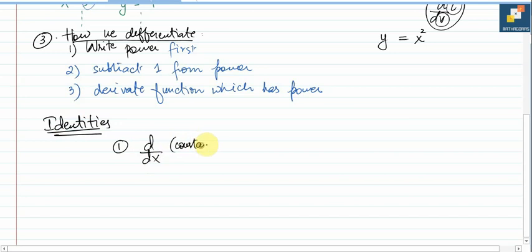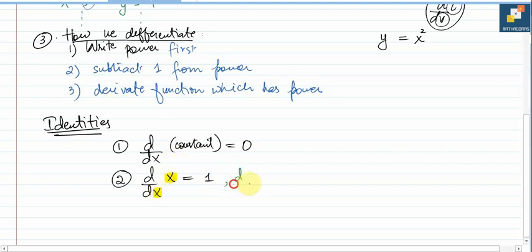Constant means any number, so the differentiation of a constant is always 0. That is your first and most important step. Number 2, d by dx of x is equal to 1. If these two alphabets are the same, the answer is always equal to 1.